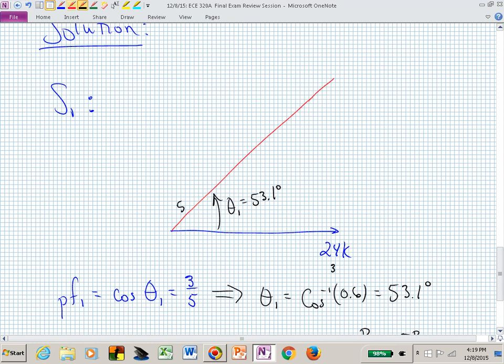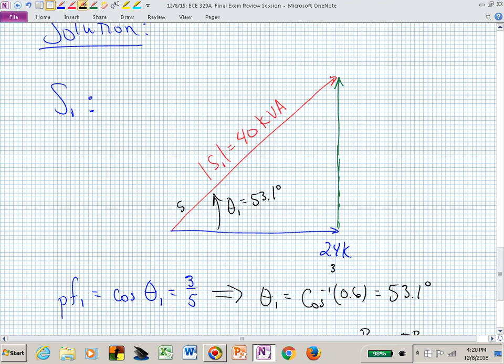We now know what this hypotenuse is. That's 40 kVA. And we can now connect those lines to obtain our reactive piece.